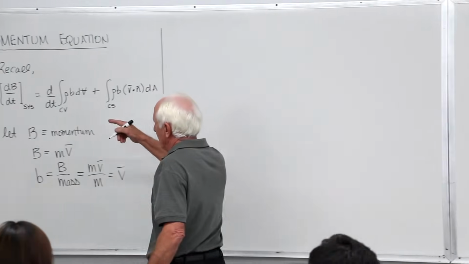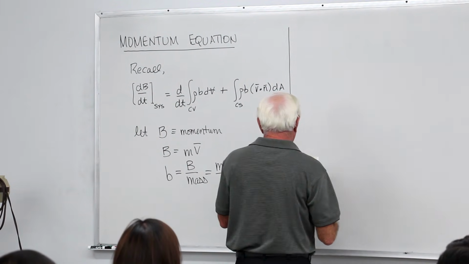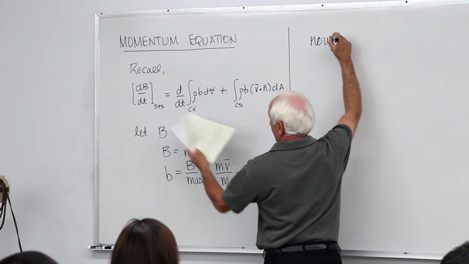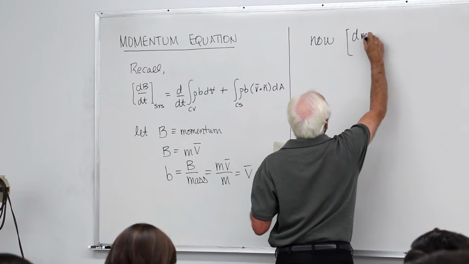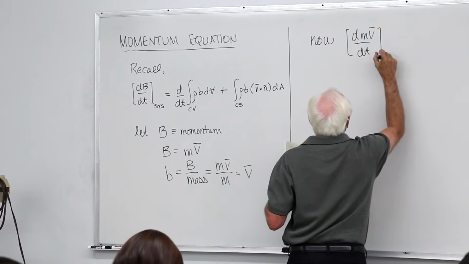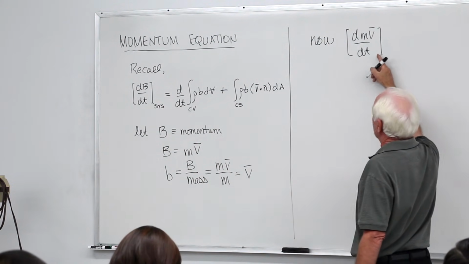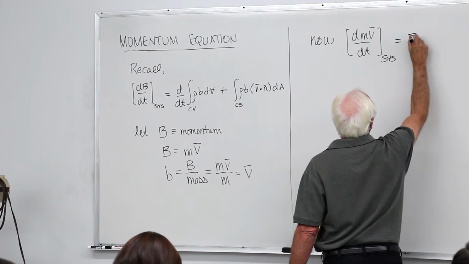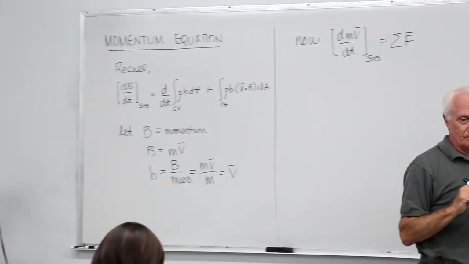So the left-hand side is a summation of forces that act on that system. dB/dt is the rate of change of the mass times the velocity, the momentum, with respect to time for the system, and it equals the summation of all the forces that act on that system.